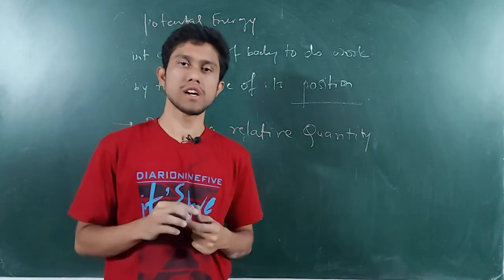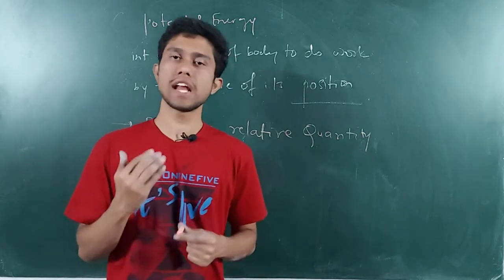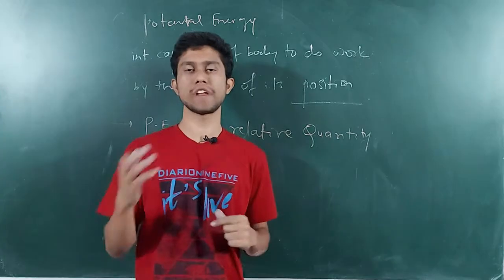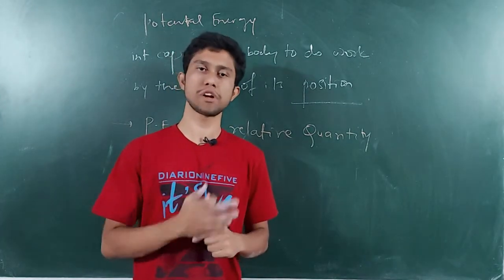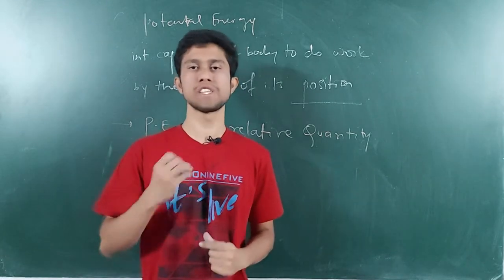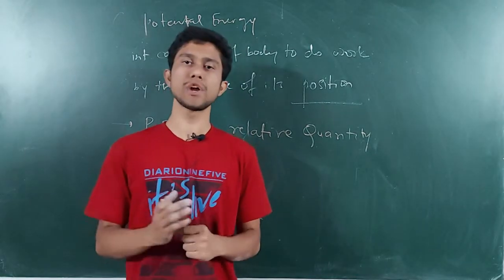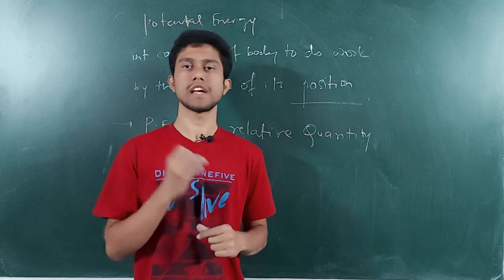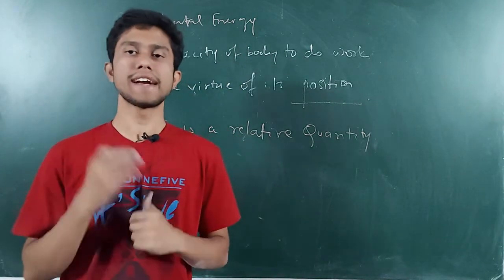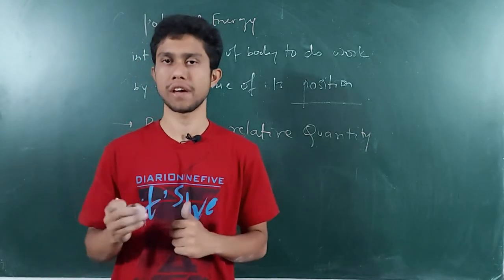If I don't measure a potential energy with respect to some frame, or with respect to ground, or any surface, or any body, it has to be with respect to some other thing. Otherwise the potential energy is invalid. So whenever you are asked potential energy, it has to be with respect to some other thing.